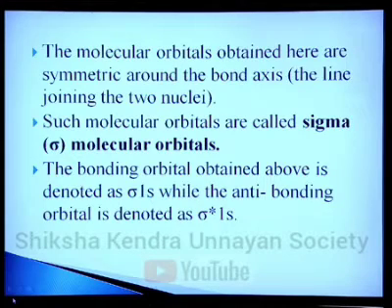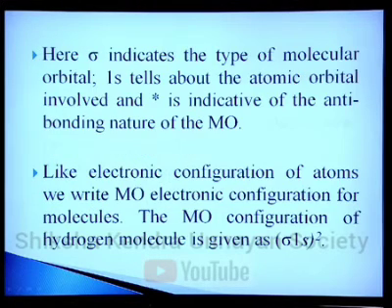Such molecular orbitals are called sigma molecular orbitals. The bonding orbital obtained above is denoted as sigma 1s, while the anti-bonding orbital is denoted by sigma star 1s. Here sigma indicates the type of molecular orbital, 1s tells about the atomic orbital involved, and star is indicative of the anti-bonding nature of the molecular orbital.